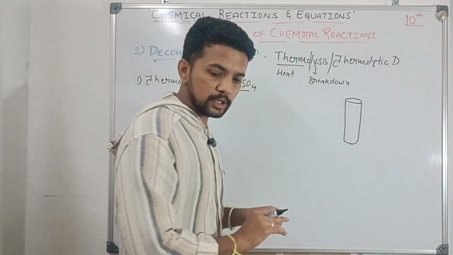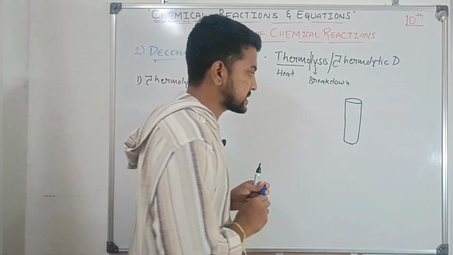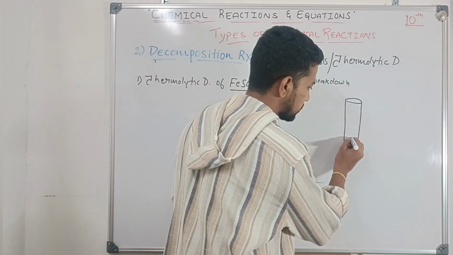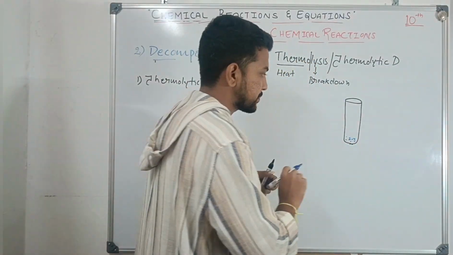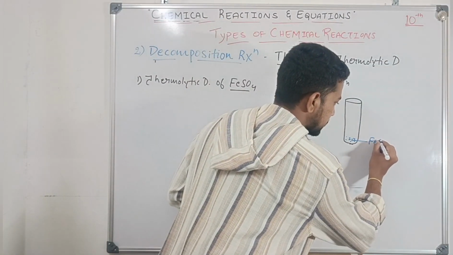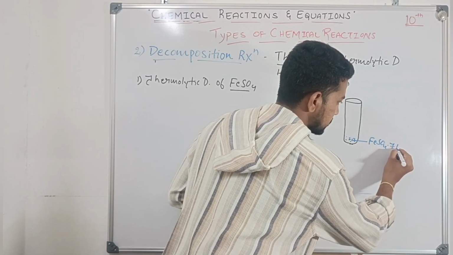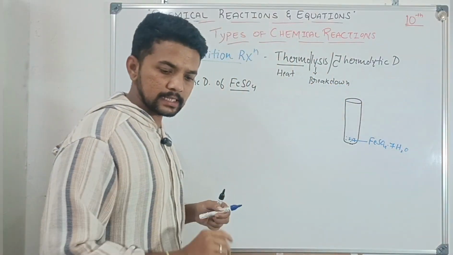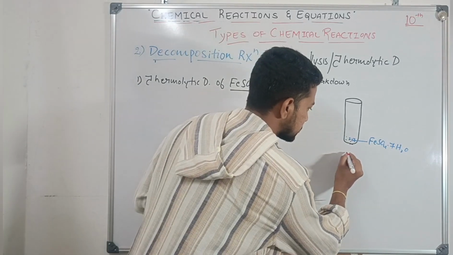In this dry test tube you have to take ferrous sulfate crystals, FeSO4 7H2O. Then you have to heat this test tube.